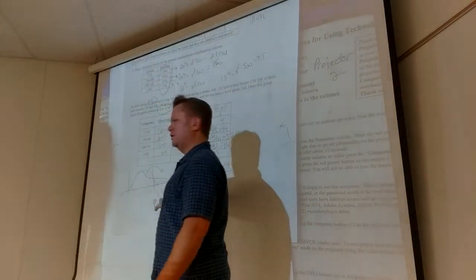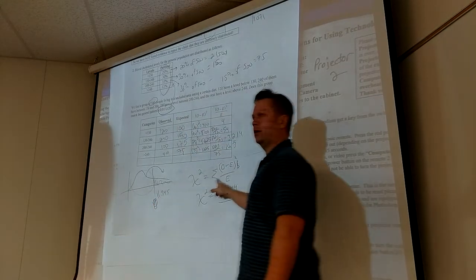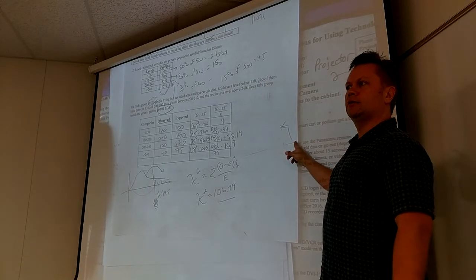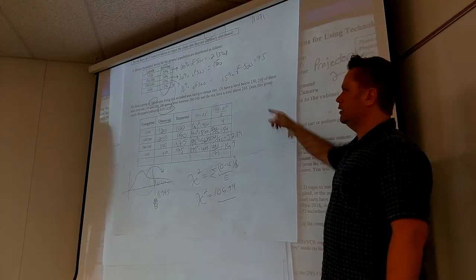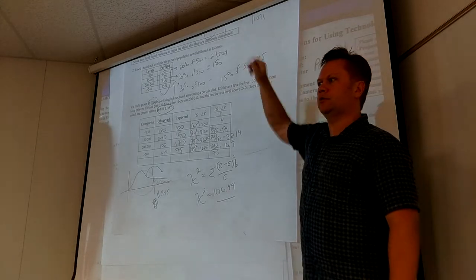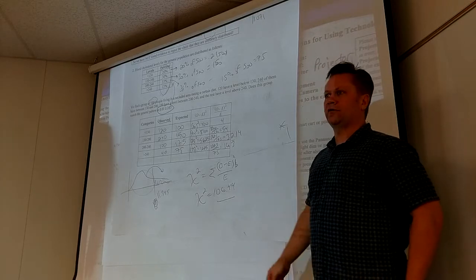So the closer to 0 I am, the less evidence they're different. And how far is far enough away from 0 to show evidence that they're different? And what do we get? 106. So we have found evidence that these guys are different. Their cholesterol levels are different from the general population. That is way big time evidence.